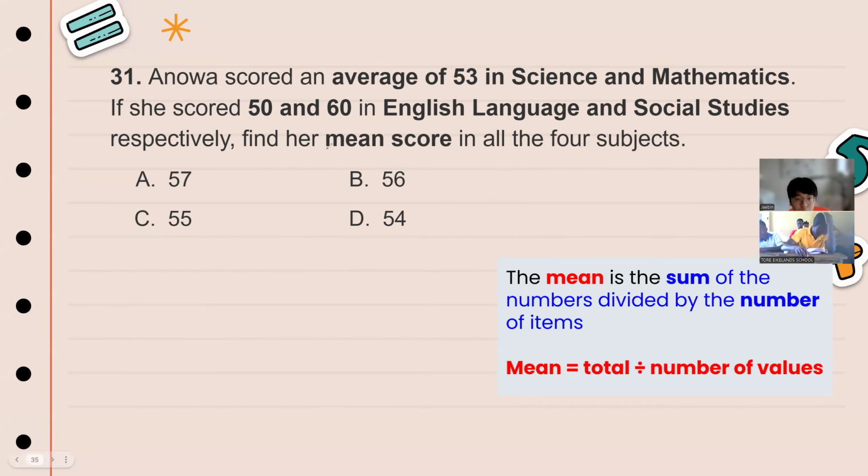We're finding the mean score of all the four. And remember that the mean is the sum of the numbers divided by the number of items.